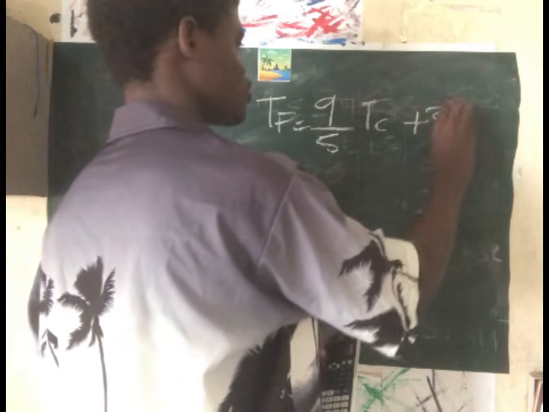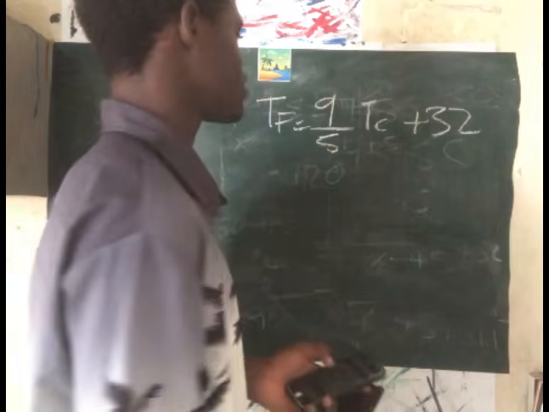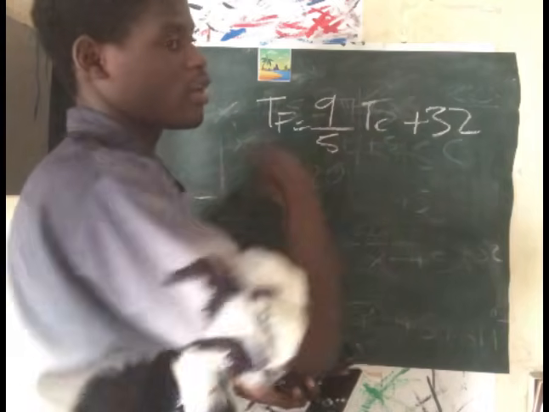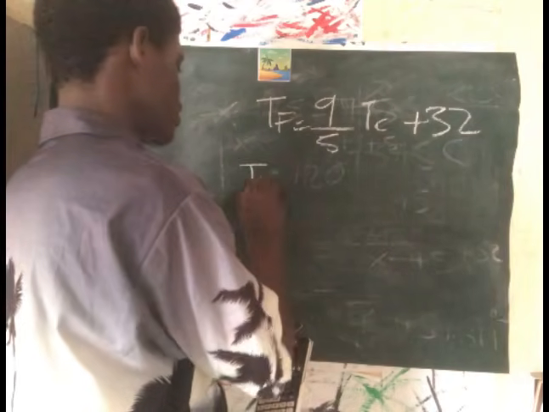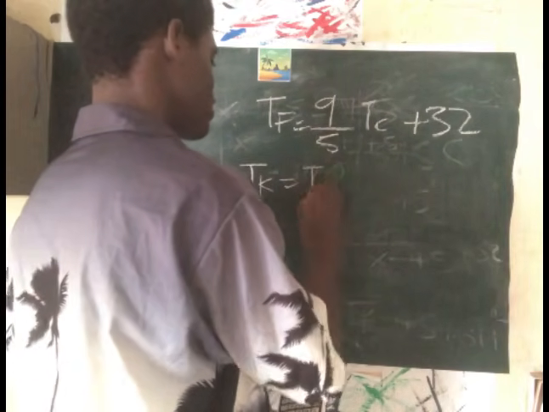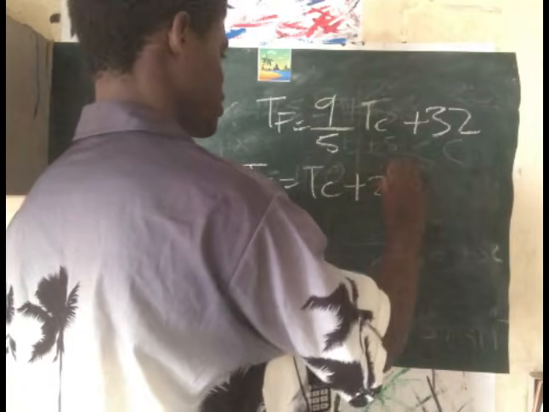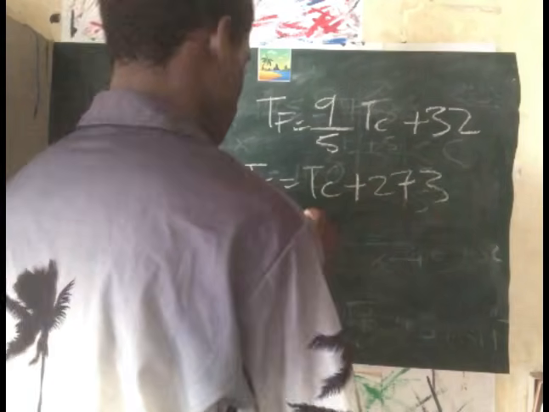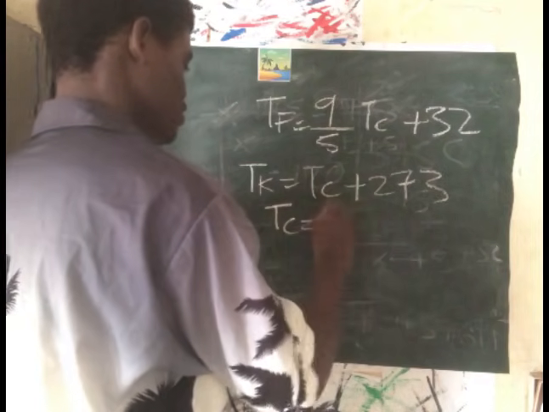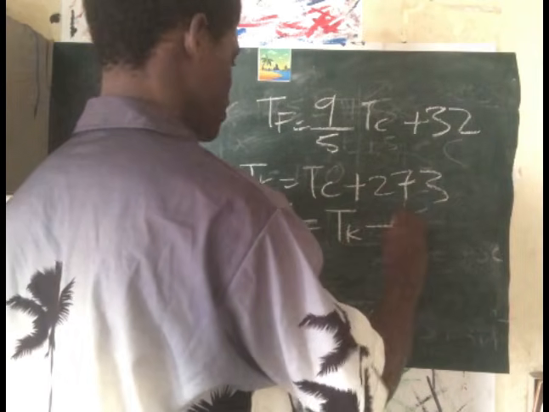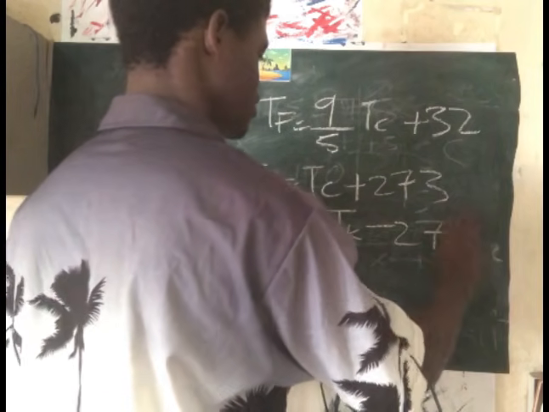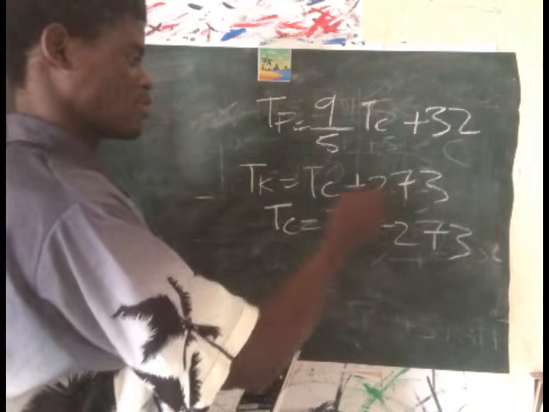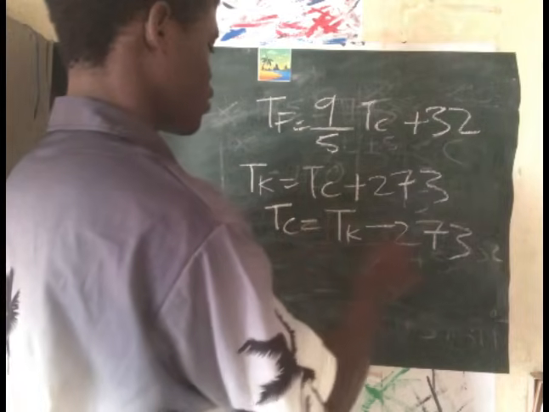But they're asking us if one converts from Kelvin to Fahrenheit. We all know that Kelvin is Celsius plus 273. So that means Celsius will be Kelvin minus 273.